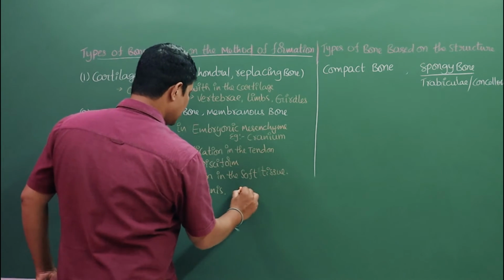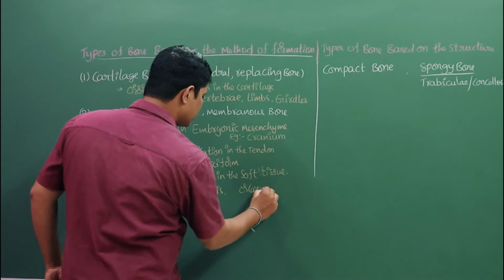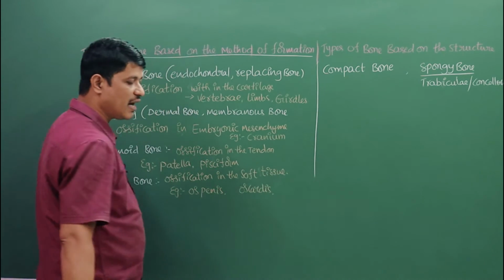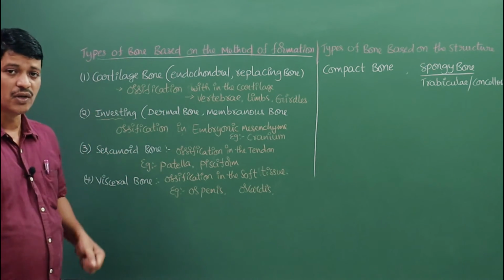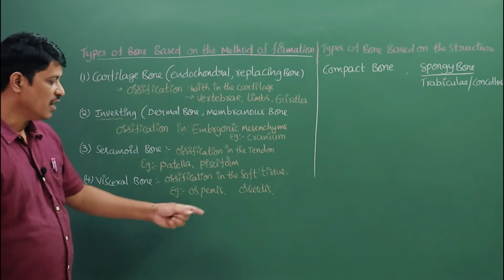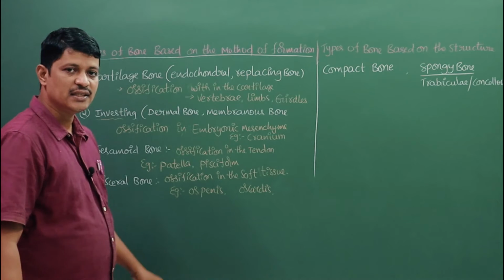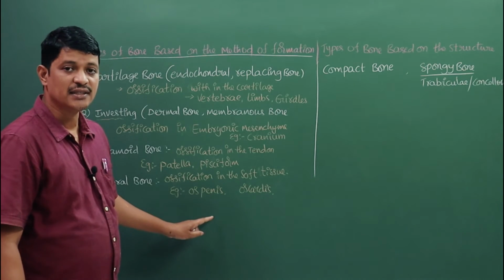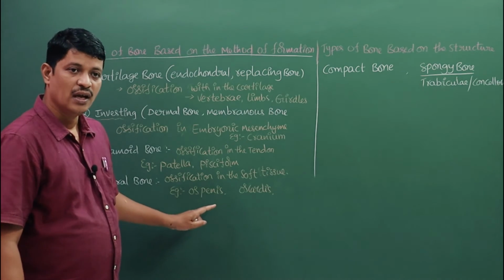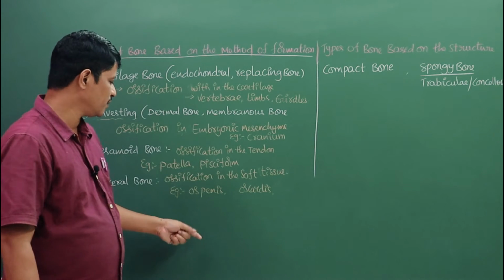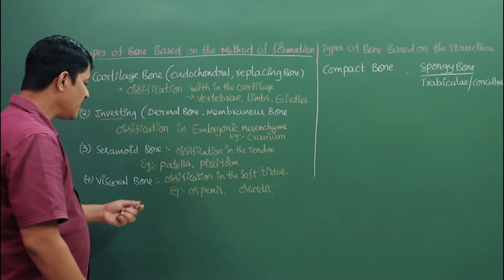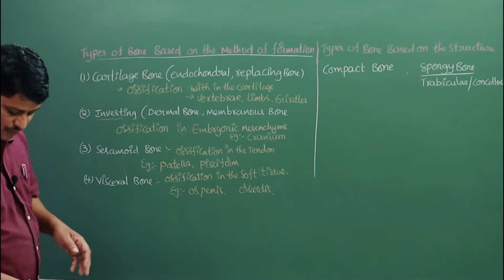Os cordis in ruminants is located inside the heart, whereas the os penis is located in the glans penis in mammals like rats and bats. These are the examples of visceral bones.